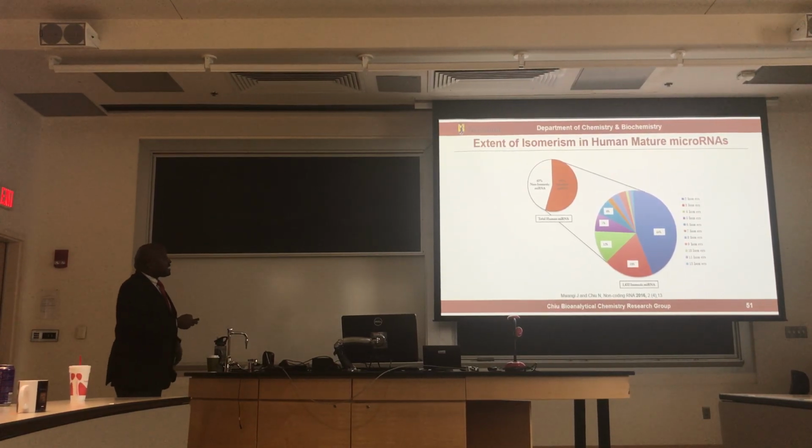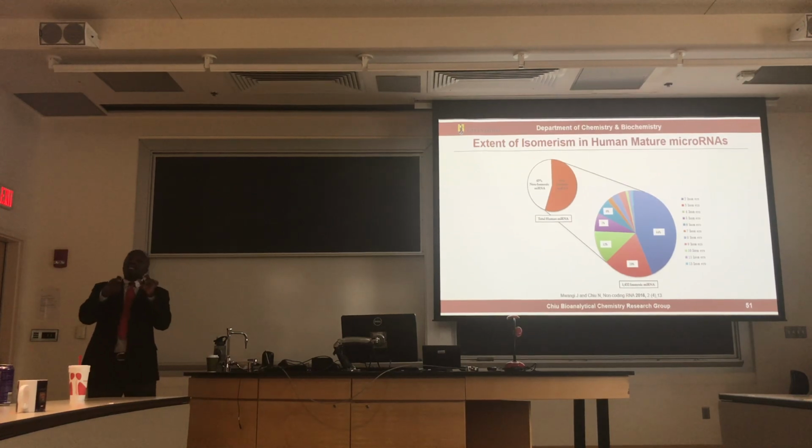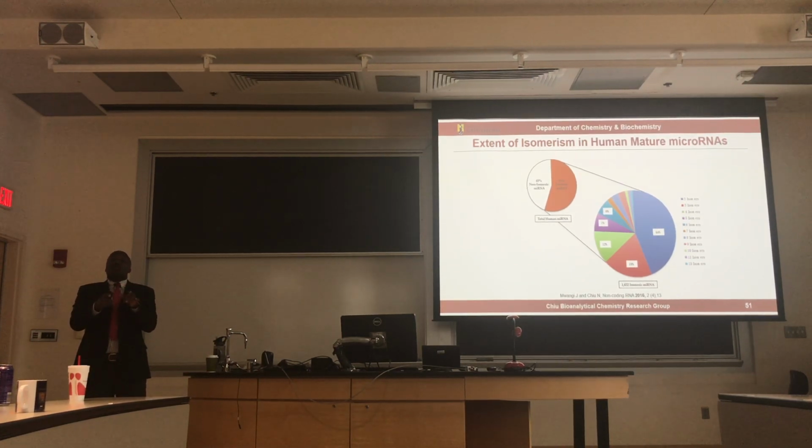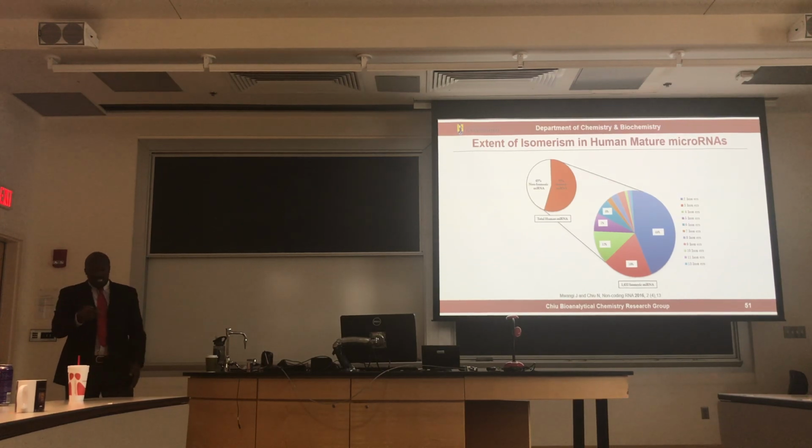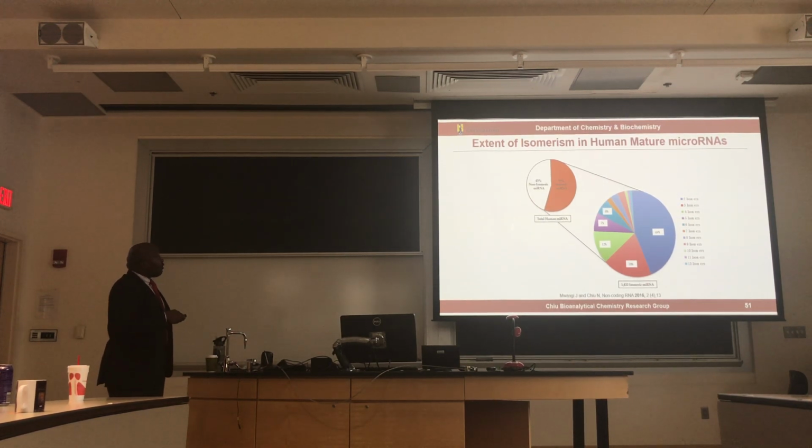So what we did is that we looked into the literature for each and every microRNA that was reported to be a biomarker for a specific disease. We found that out of all the reported 2,500 microRNAs, 55% of them were isomeric.